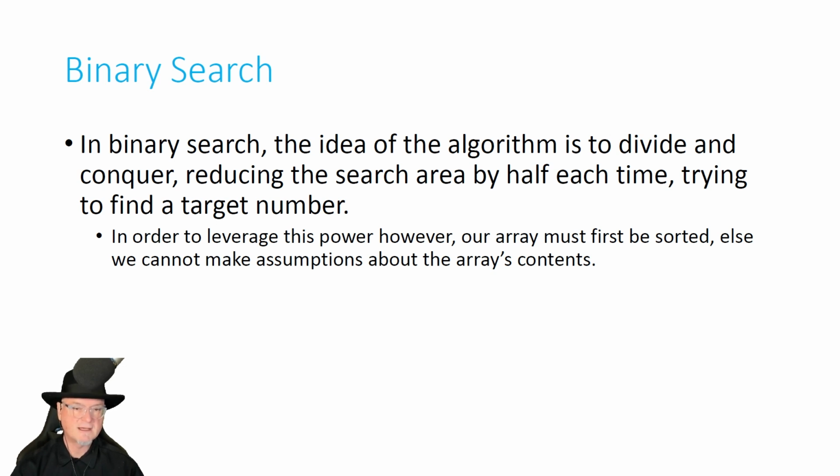The vector could be really big. And by vector, I use another word for array, which we've talked a lot about so far. Now, in order to leverage the power of binary search, we have to have an array that is sorted. So the numbers must be in order. Otherwise, we can't make assumptions about our divide and conquer strategy.